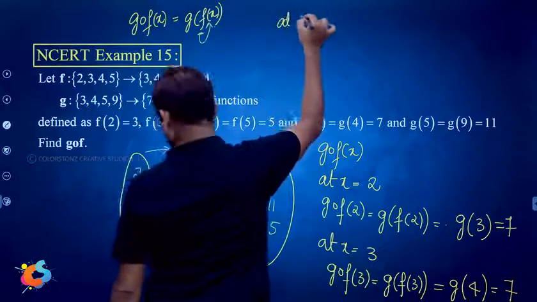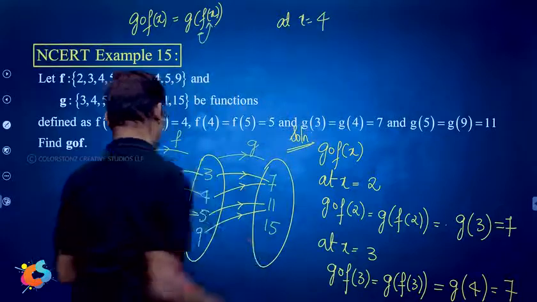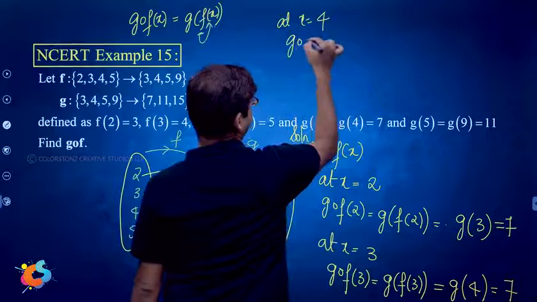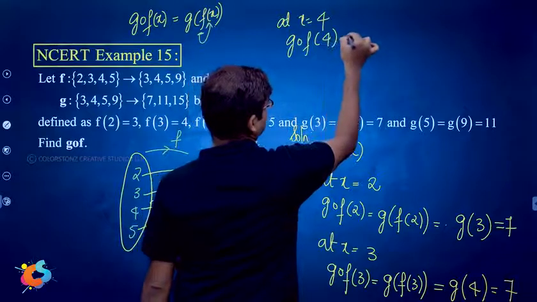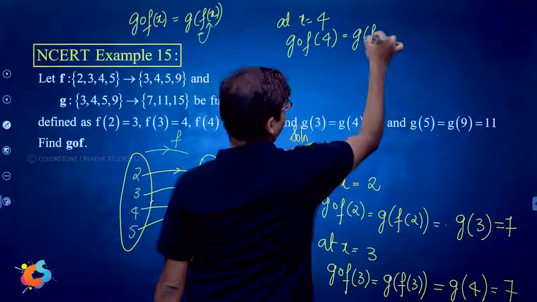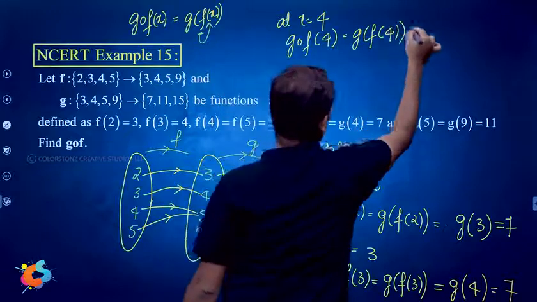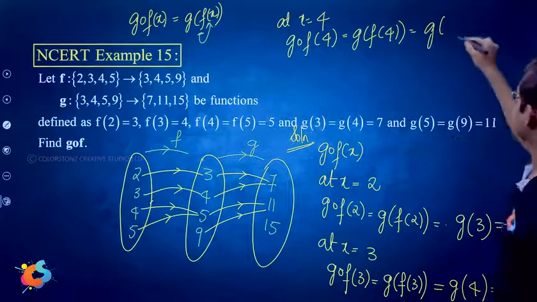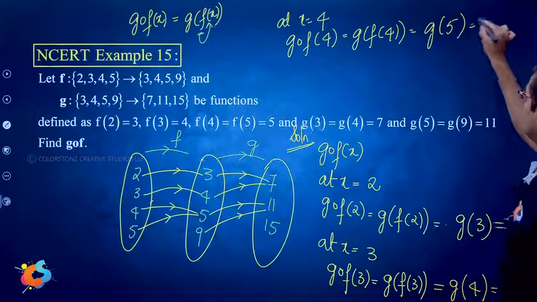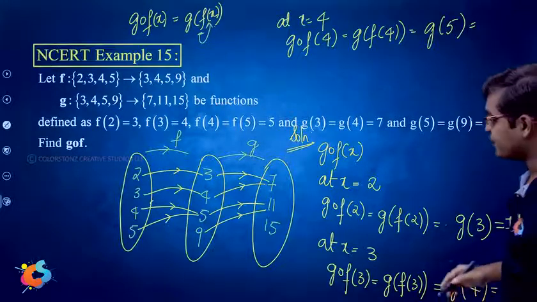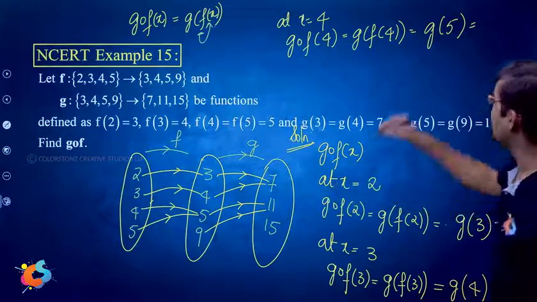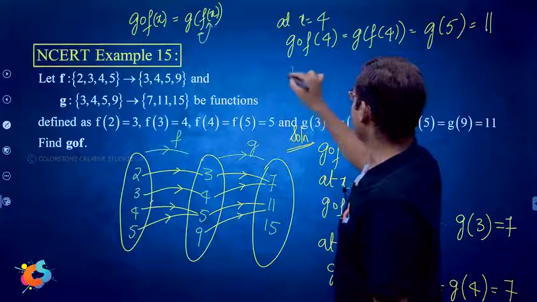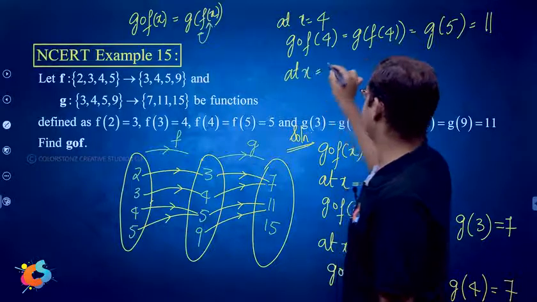At x is equal to 4, we have G circle f of 4 as G of f of 4. f of 4 is equal to 5. So what is G of 5? G of 5 is 11.